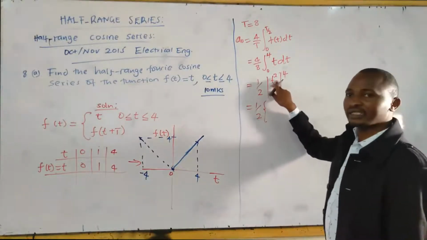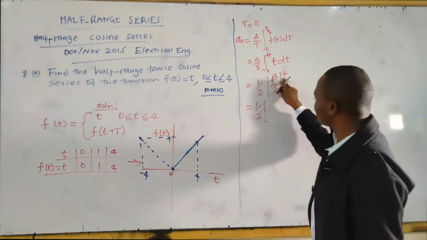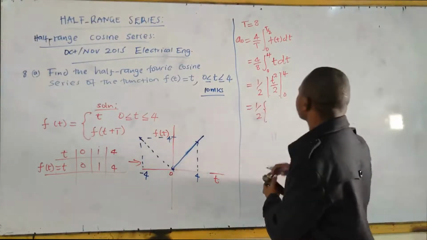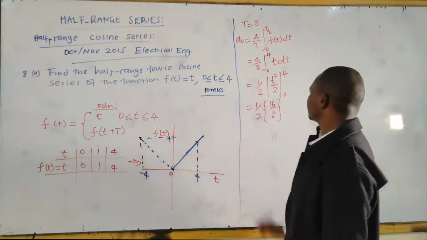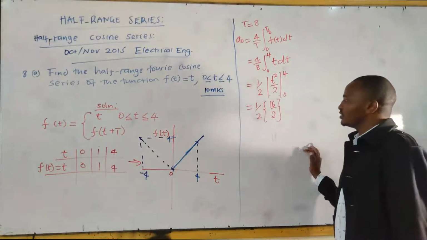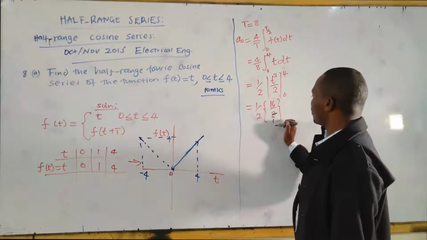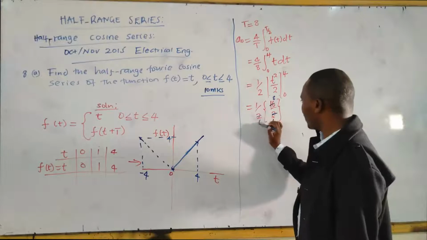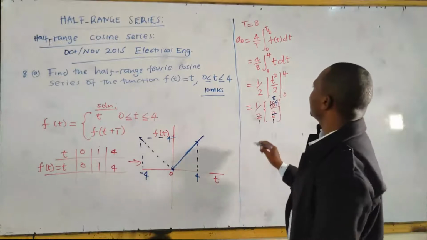Substitute the upper limit: t is 4, 4 squared is 16, 16 over 2. Lower limit is 0, if you put 0 here, everything will be equal to 0. So 1 by 2 times 8 gives 4, which means A naught is equal to 4.